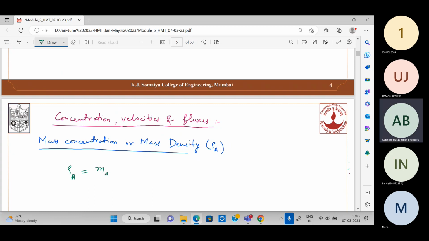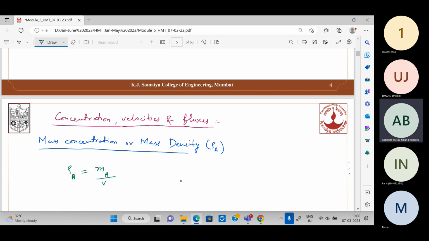So what is this mass concentration or mass density? The mass of species A per unit volume of the mixture. So rho A is mass of component A divided by volume of mixture. That is known as mass concentration or mass density.